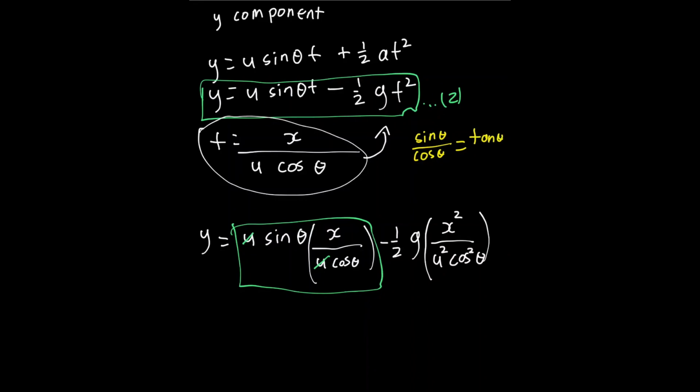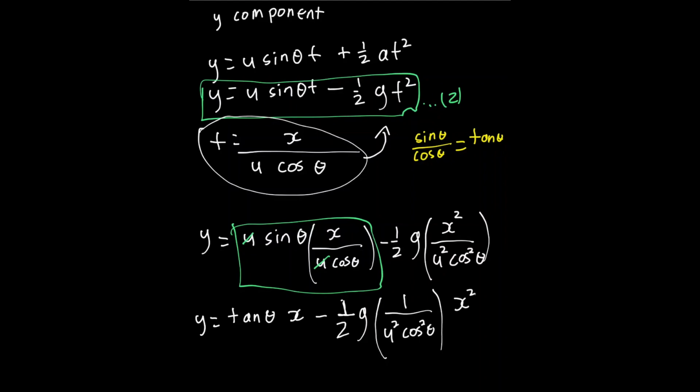So let's simplify that. y is equal to tan theta x minus a half g. Let's try this a bit neater. Let's bring the x squared outside, so that's 1 over u squared cos squared theta by x squared.